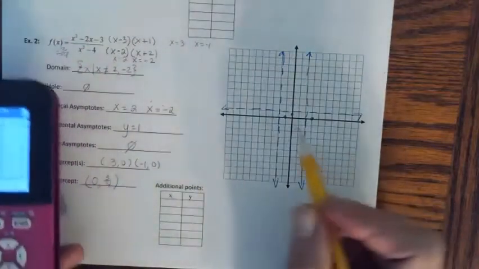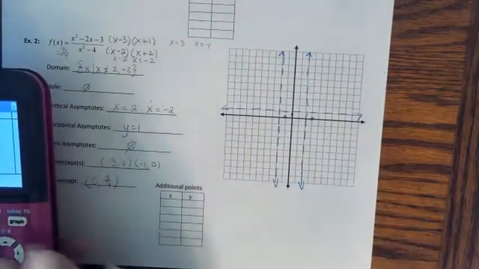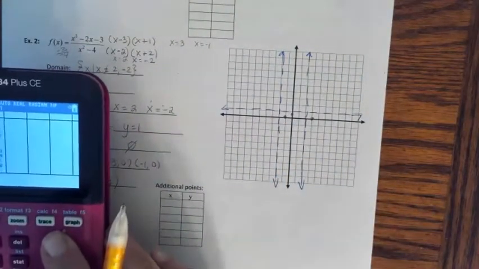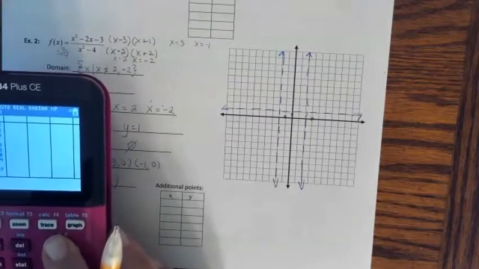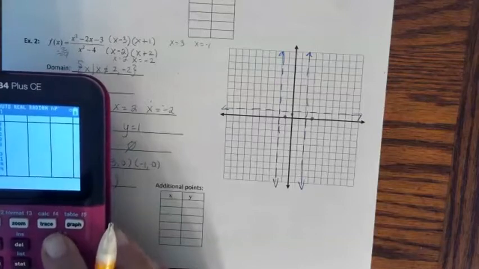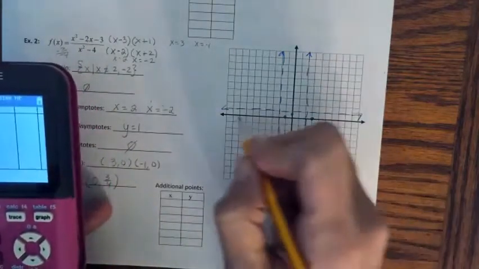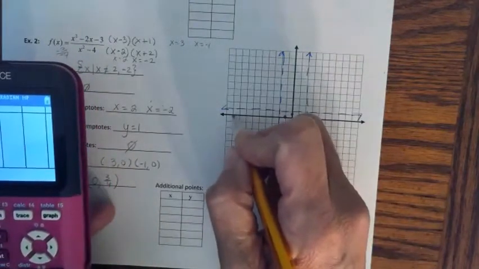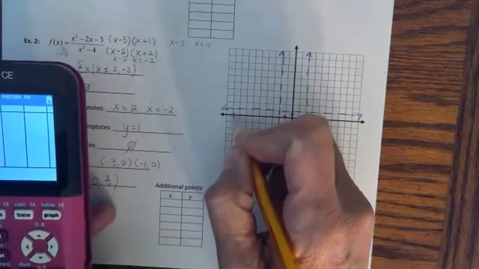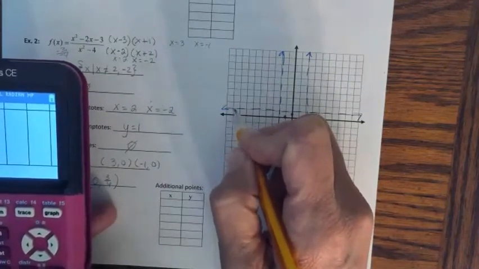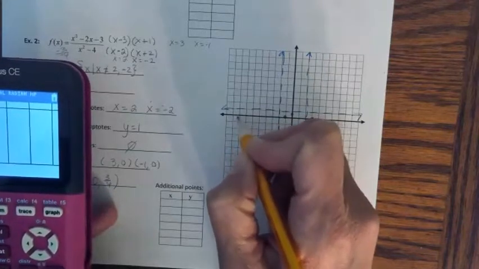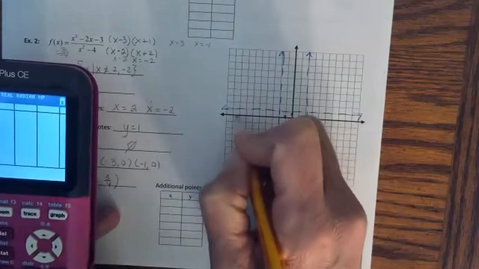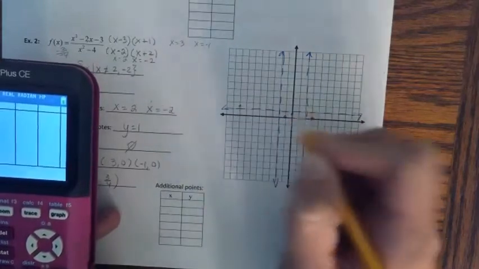So I want to look over here where x is negative. So -9, I'm at 1.2. So -9, right about here.